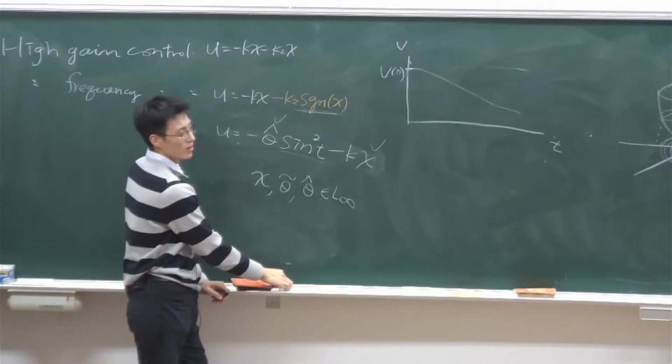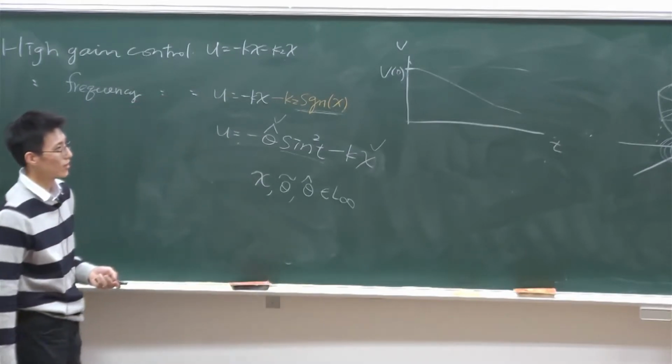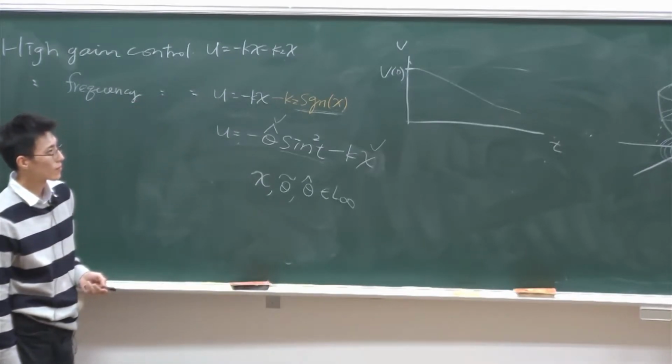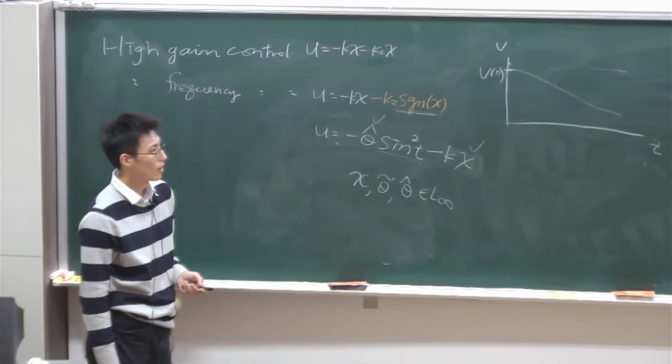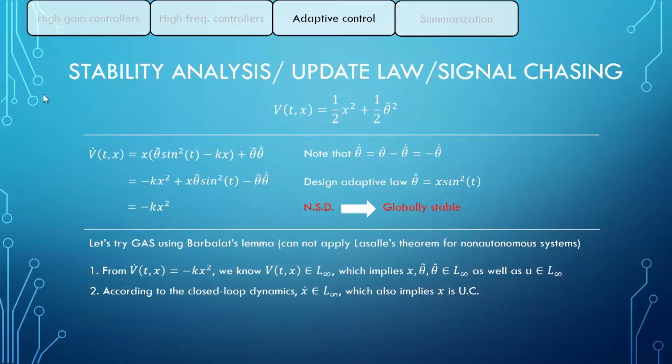What does it mean if control is bounded? Control being bounded is important. It means that given this control structure, as long as your initial condition is bounded, you don't know the solution, but you know every trajectory will be safe.